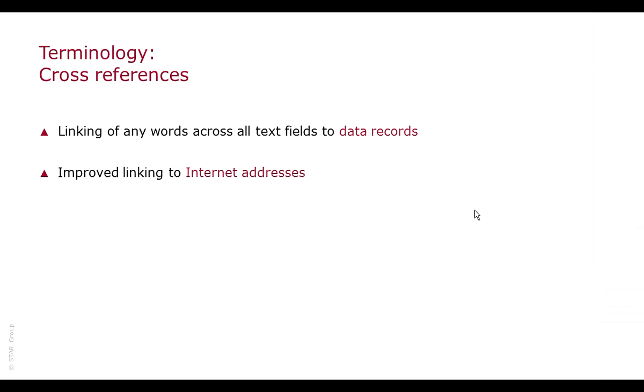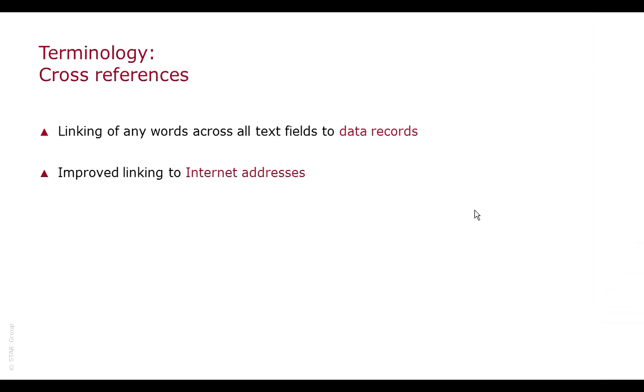With Service Pack 9, you have the possibility for a new kind of cross-reference. You can do now a cross-reference from all text fields to a complete data record. Let me explain why this is an advantage, or that this is an improvement.